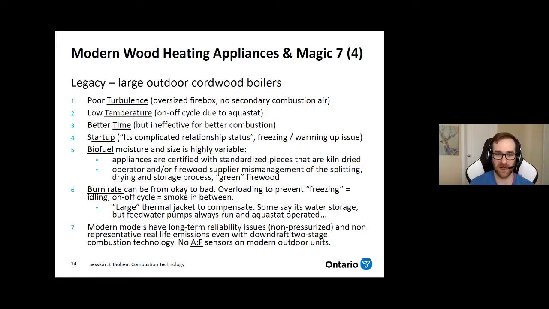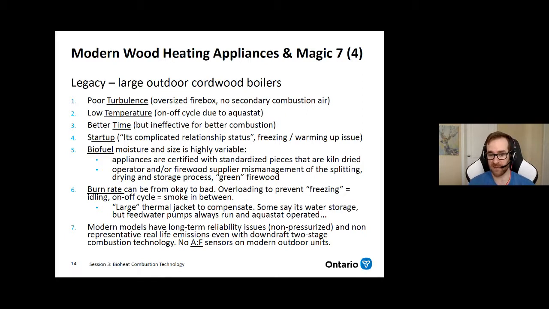Another issue with the biofuel is that there's still people out there that just put firewood that hasn't been split. So in the middle, it's still very green, and that would still cause a lot of issues. And there are modern models right now for outdoor cordwood boilers that have passed the emission test.